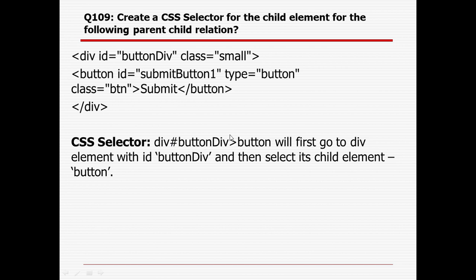Then you need to give a slash, and then the tag name for the child. That will go to the div element with ID button div, and then select the child element button. That's how you can create an XPath for the child element using the parent reference.